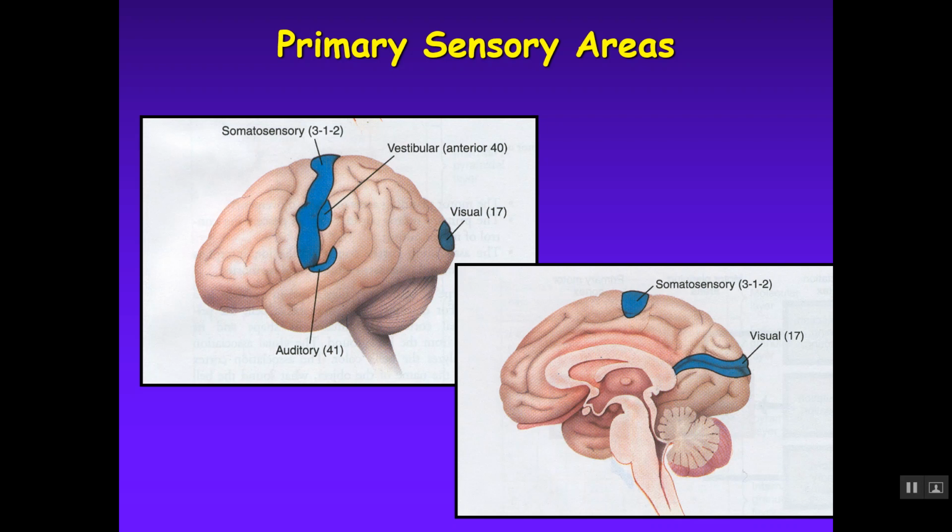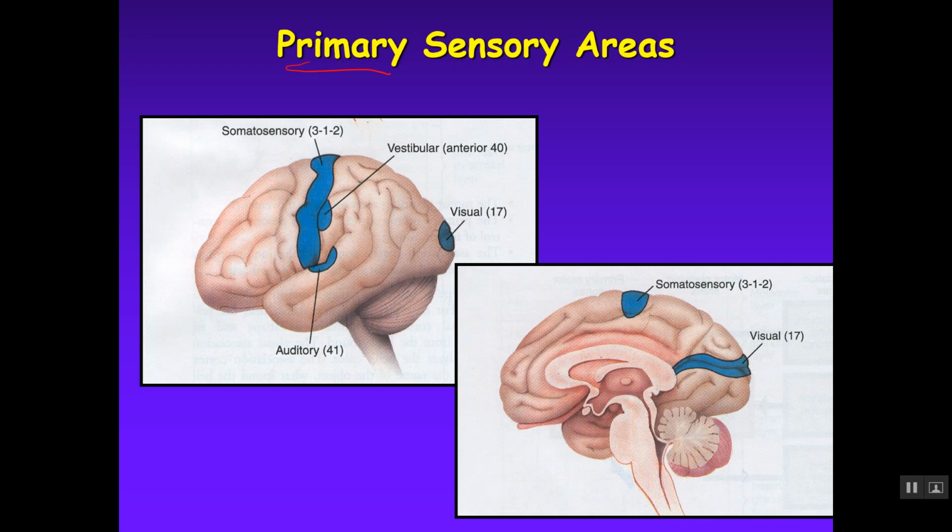So this just shows you, and this is a little simpler to see, the primary sensory areas. For sensory areas, we typically have a primary and a secondary area. The primary area is where the information arrives initially. Secondary areas is where it's more processed, made sense of, and given meaning, or where that sensation is organized so that it can be sent up to your frontal lobes to be interpreted.